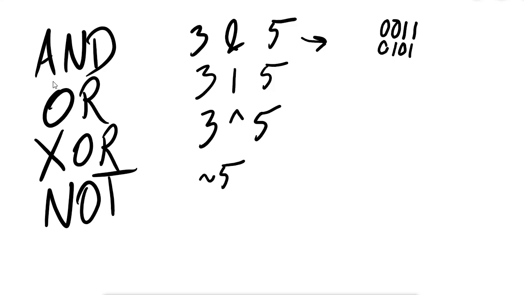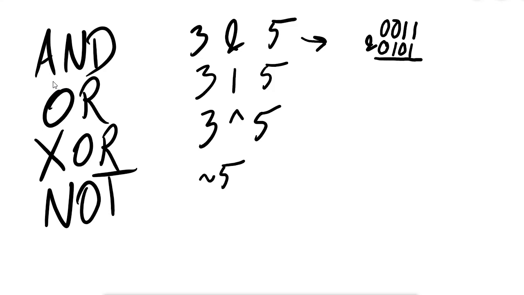Again, we'll fill it out. So if we do the AND of these two numbers, we do the same kind of truth evaluation, but instead of doing it on the level of 3 and 5, we actually do it on the level of the bits themselves, right?